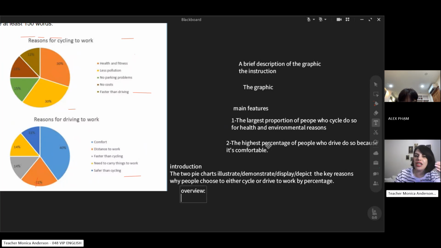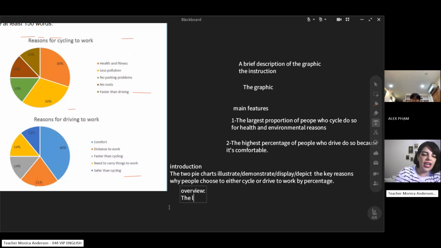People who drive to work consider comfort, of course, comfort of traveling by car. And notably, an almost equal proportion of people chose the method that is the fastest. This is my overview. So let me write it.